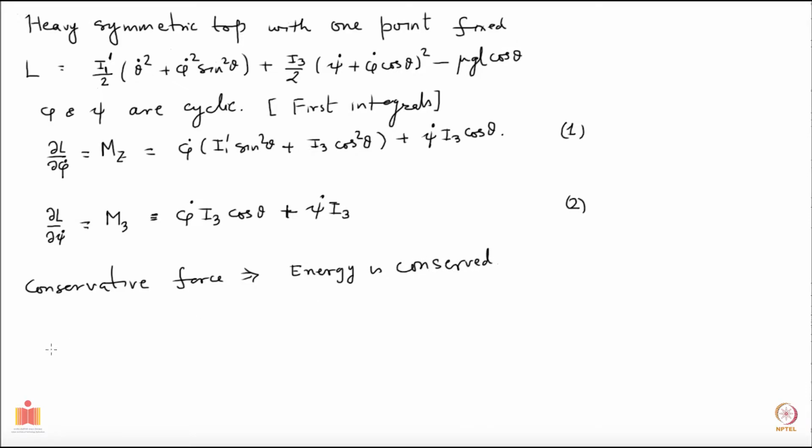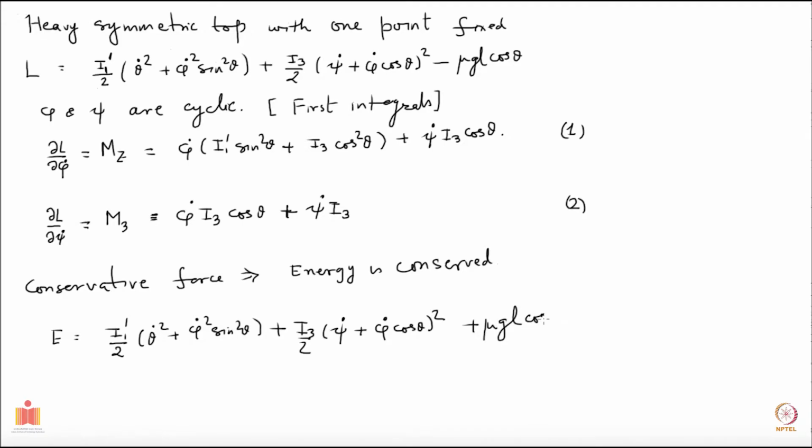So one more first integral, and that is the total energy E is conserved, which we have already seen, but I will write it: I1 prime over 2 (theta dot square plus phi dot square sine square theta). These are your kinetic terms which I am writing right now. Plus I3 over 2 (psi dot plus phi dot cos theta) square. This is your kinetic, and then you have the potential energy mu g L cos theta. Okay, that's our equation number 3.